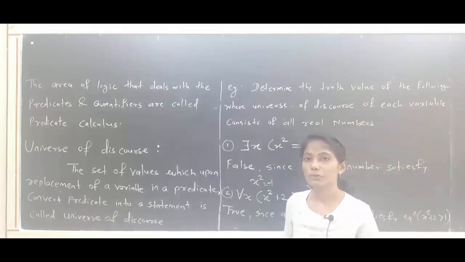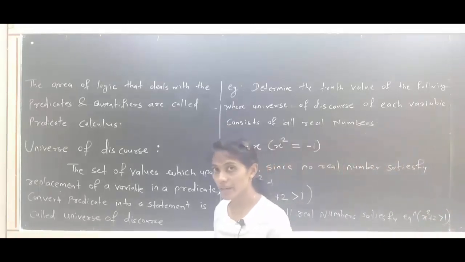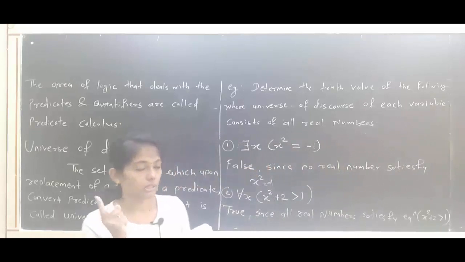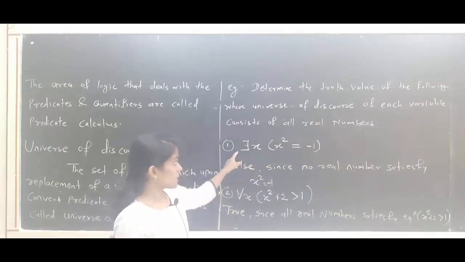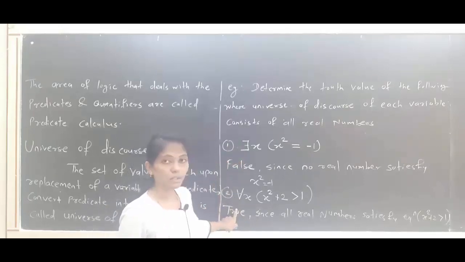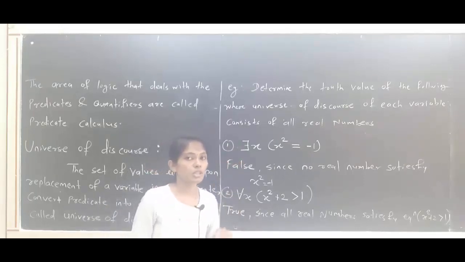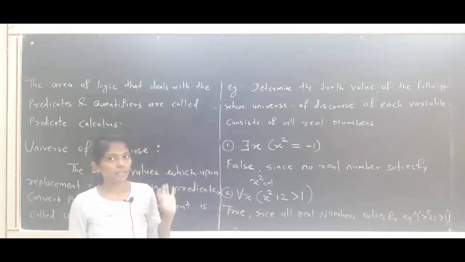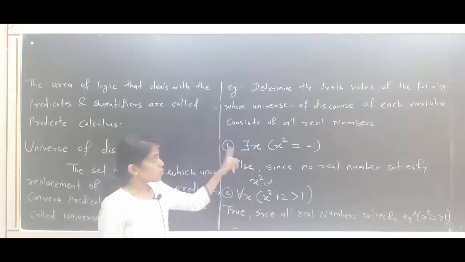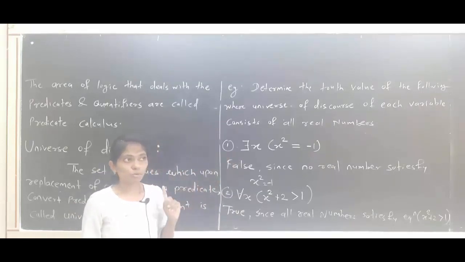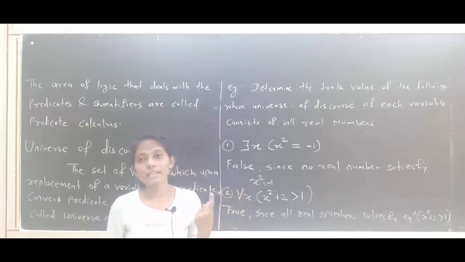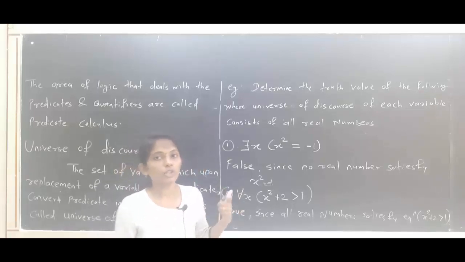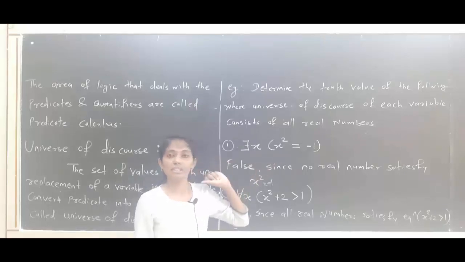So get it? How to find the truth values of quantifier? Check first which type of quantifier is given, existential or universal. If existential is given, then its truth value is true when there exists at least one x which satisfy the given equation.